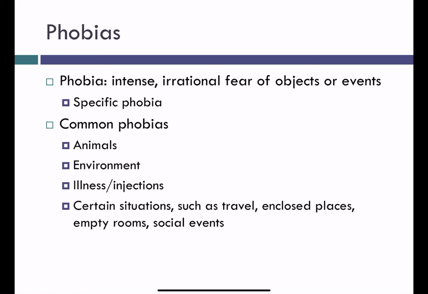So common phobias are animals, snakes, spiders, things like that. Specific environments, illnesses or injections, certain situations like travel or small spaces, social events, things like that. And the key that distinguishes a phobia from a fear is that a phobia is so intense that it interrupts someone's daily life and is out of proportion with the object or the situation.